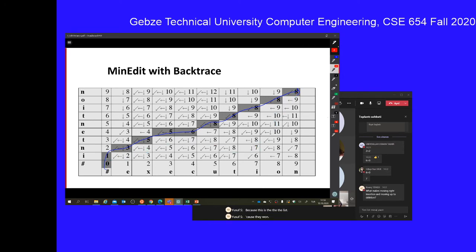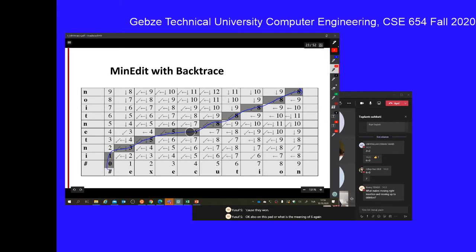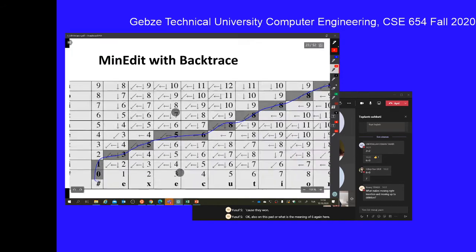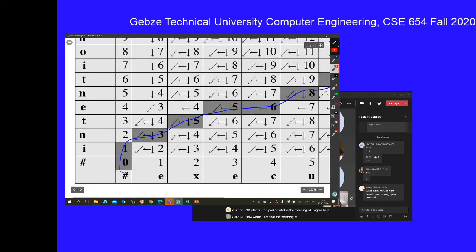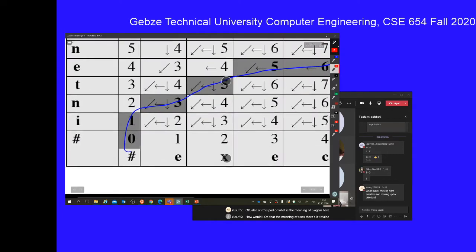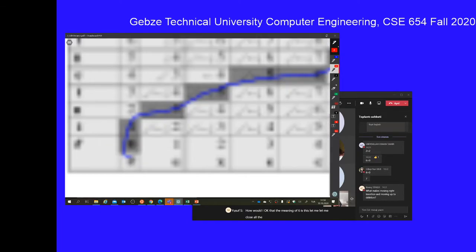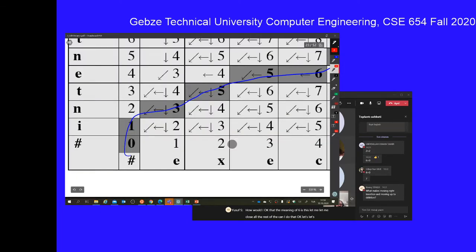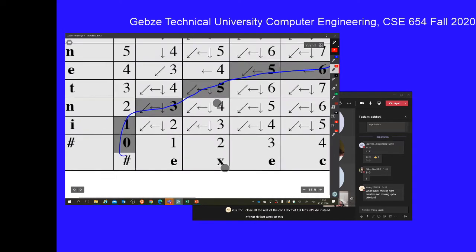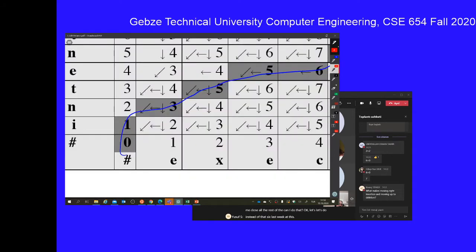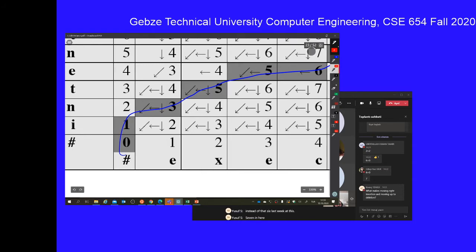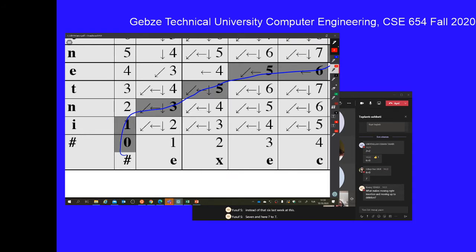Also on this path, what is the meaning of 6 again here? Okay, instead of that 6, let's look at this 7. What is the meaning of that 7? 7 is the cost of converting the word intent to exec.